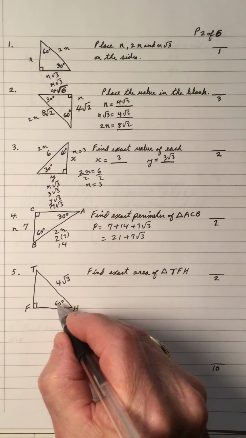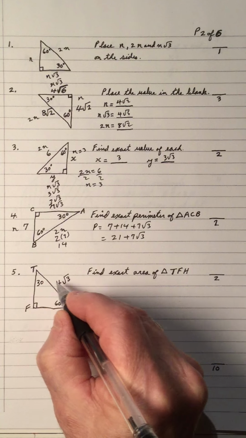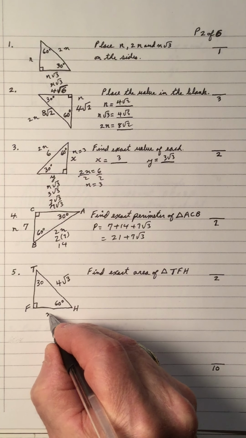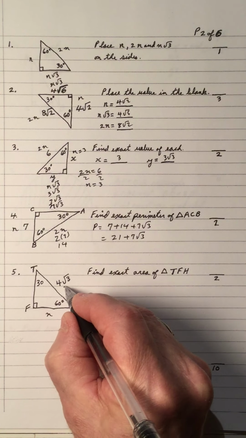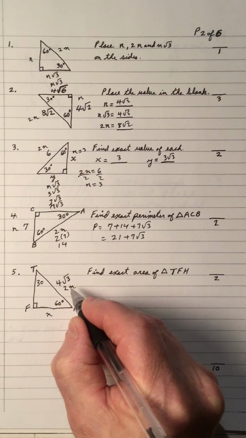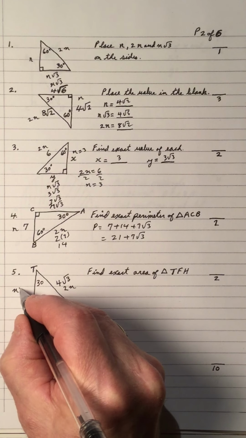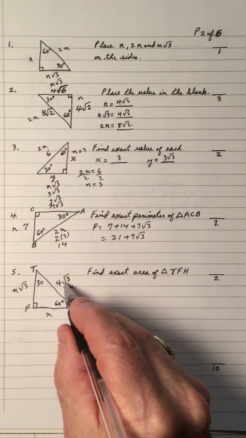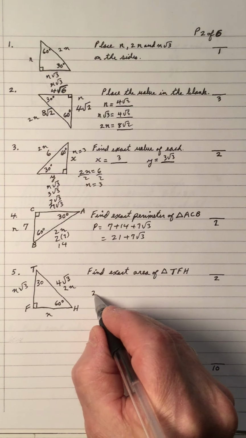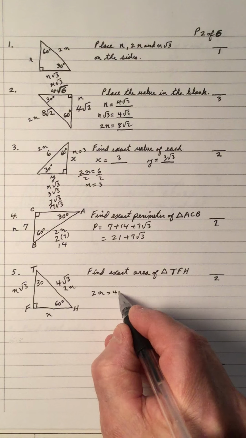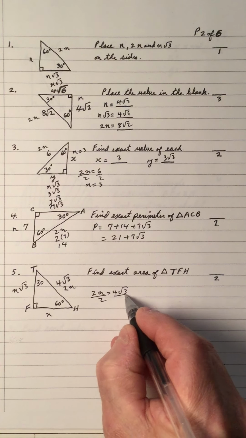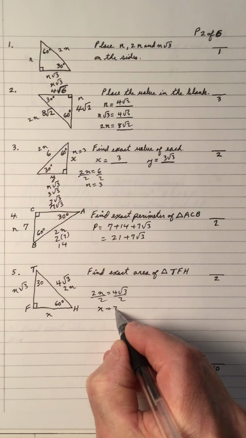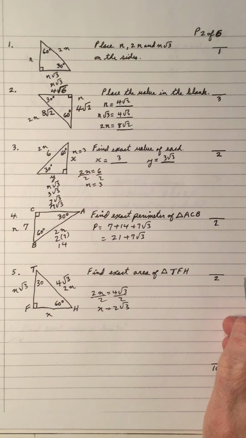Find the exact area of triangle TFH, a right triangle. And again, we have 90, 60, so this angle is 30. Opposite 30 is n. Opposite 90 is 2n, and opposite 60 is n root 3. So we have, notice, 2n is equal to 4 root 3. Divide by 2, n equals 2 root 3.